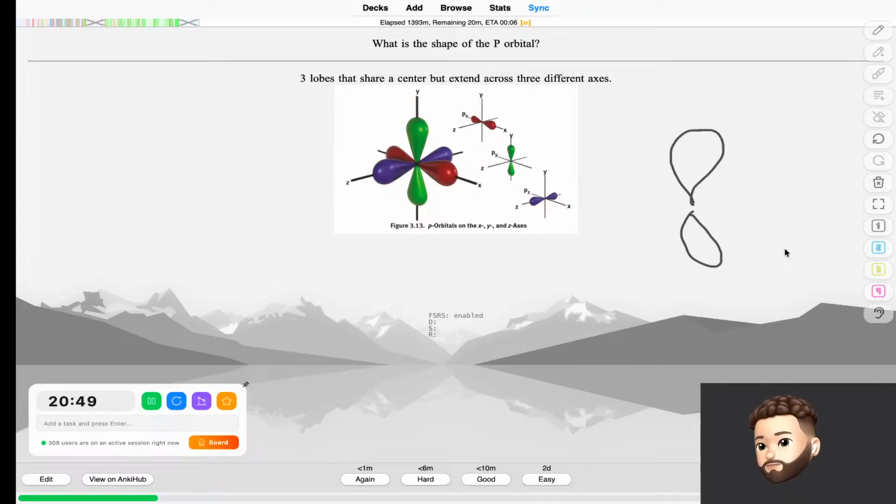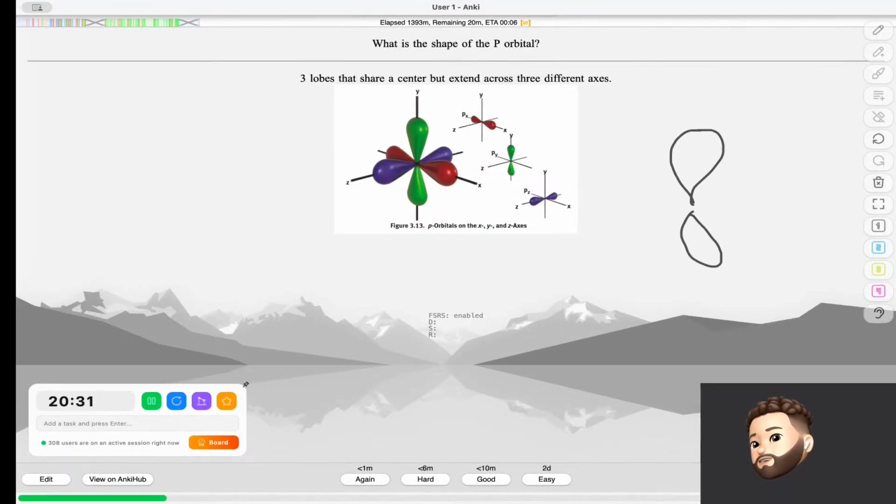What? What do you mean, three lobes? I'm gonna look up what the shape of the p orbital is. What do you mean, three lobes?